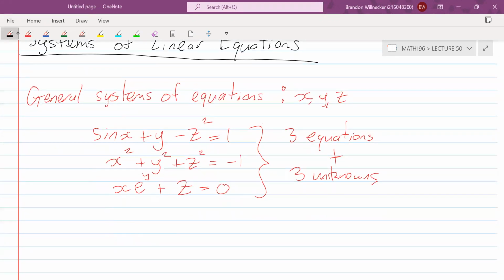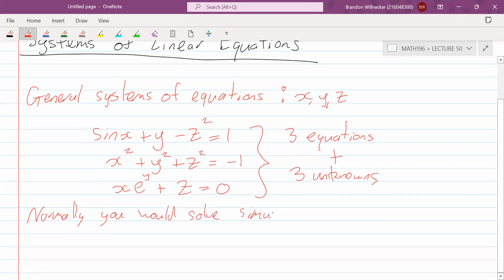So normally you would solve simultaneously. Technically it's possible to do that here. You can solve this simultaneously, but that's very difficult.